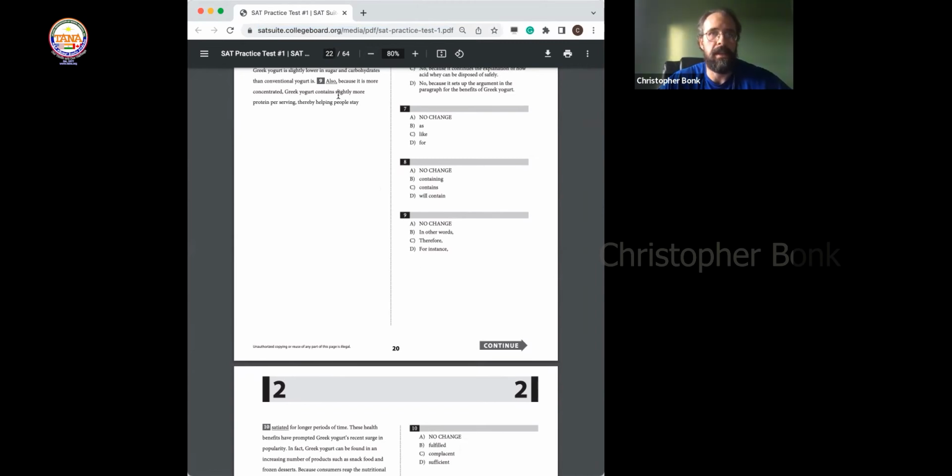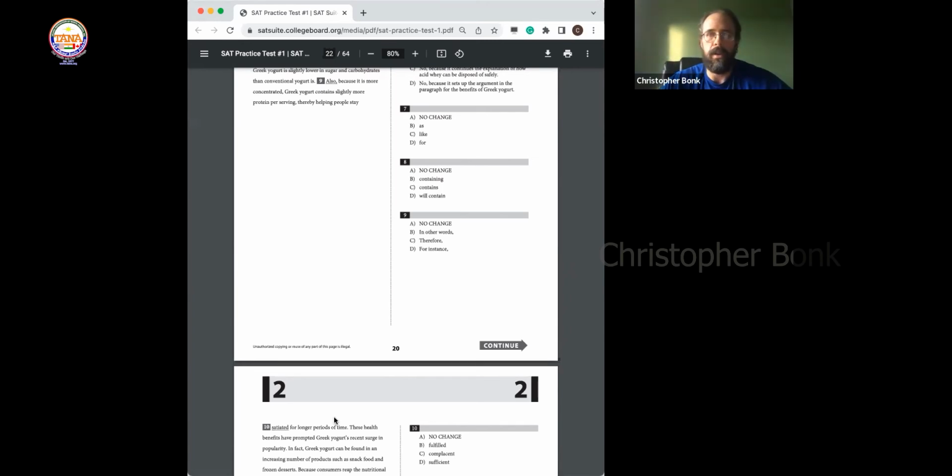So the sentence reads, also, because it is more concentrated, Greek yogurt contains slightly more protein per serving, thereby helping people stay blank for longer periods of time. So with this one, this is a great example of realistically, none of the 4 words are the best thing you could say.